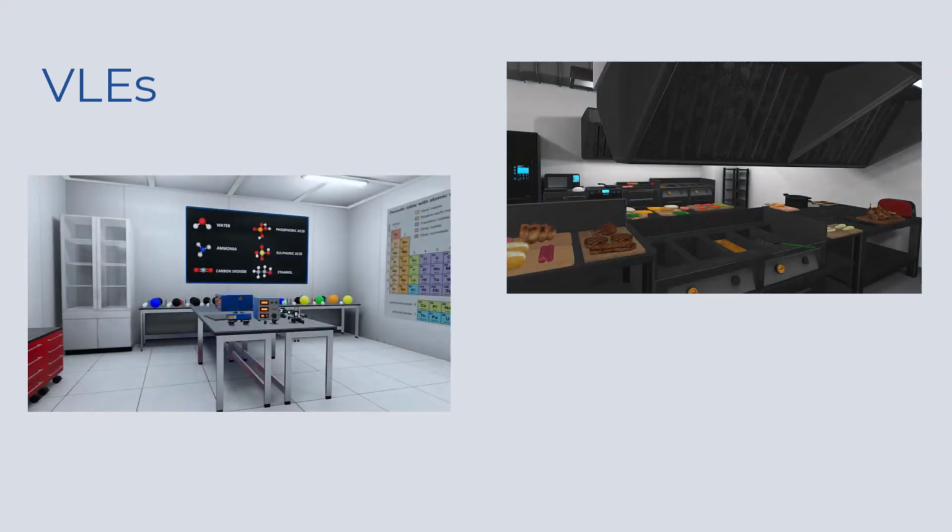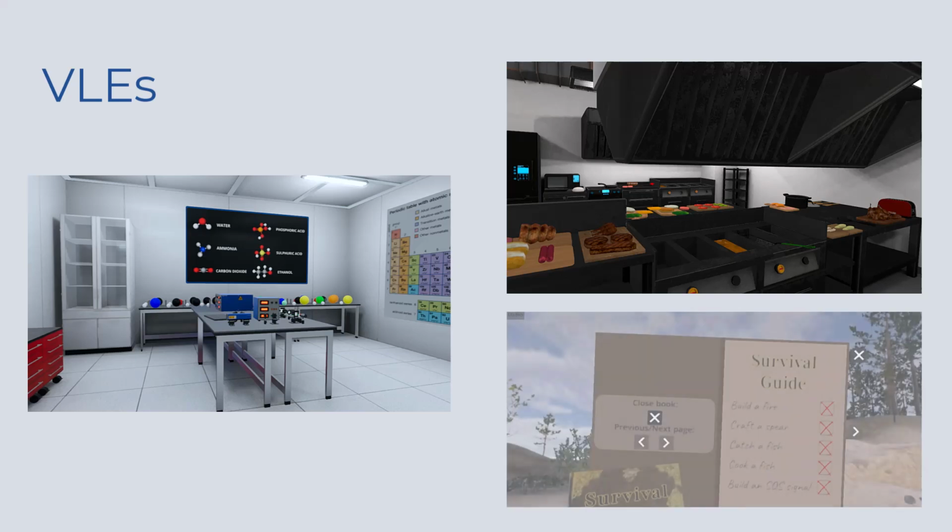Before we get into the planning process, let's quickly orientate ourselves. In VR4LL 2.0, there are 5 virtual environments to choose from. 3 of them are what we call virtual learning environments, or VLEs: the science lab, the restaurant and bar, and the outdoor survival scenario.